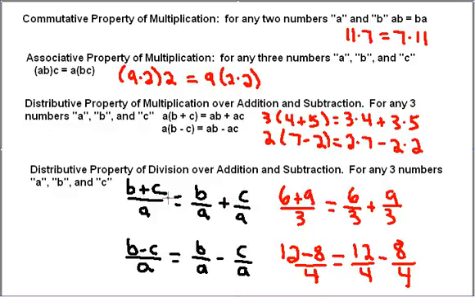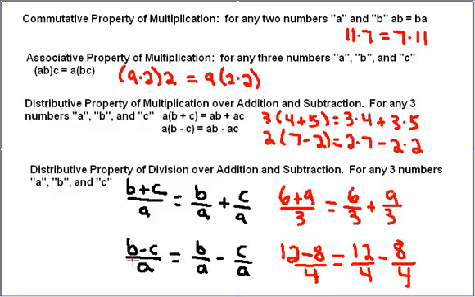So b plus c over a is the same thing as b over a plus c over a. You're dividing each of the parts by the a. So if we had 6 plus 9 over 3, that would be the same thing as dividing 6 by 3, taking our plus sign, and then adding it to 9 divided by 3.